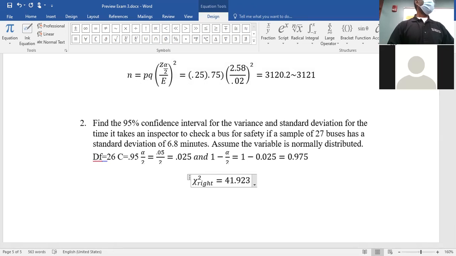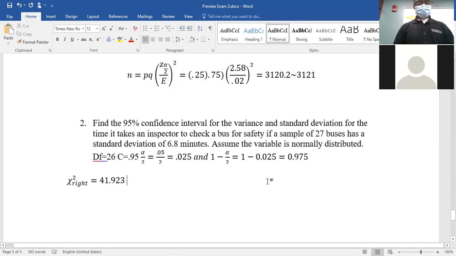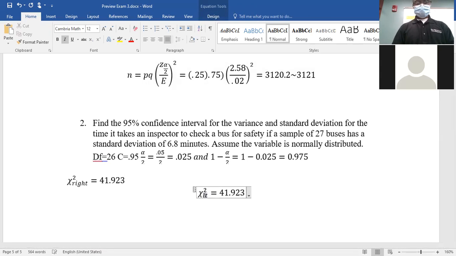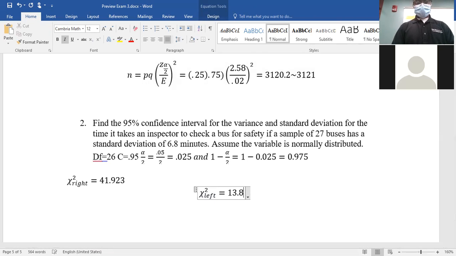Please practice how to get this. You start with alpha over 2, which is 0.025, and then 0.975. They are just symmetric. And I will copy this to save my time. And chi-square left, and the left is what? 13.8.